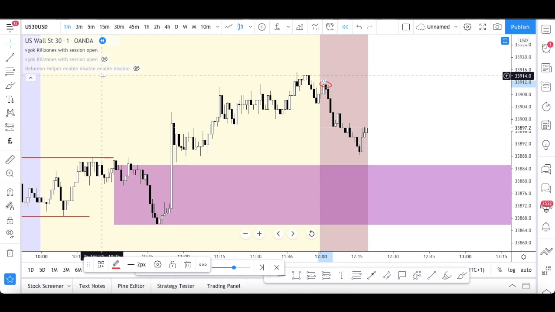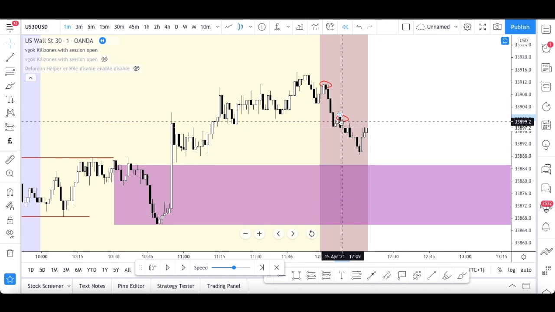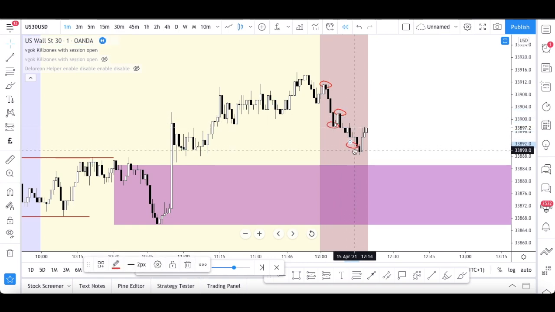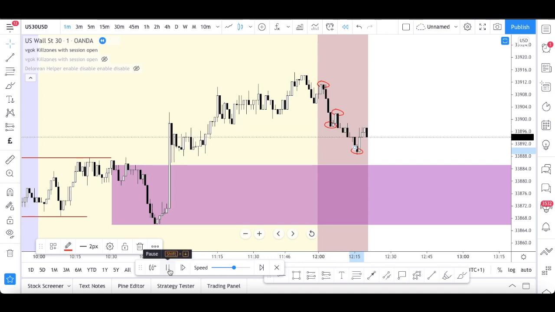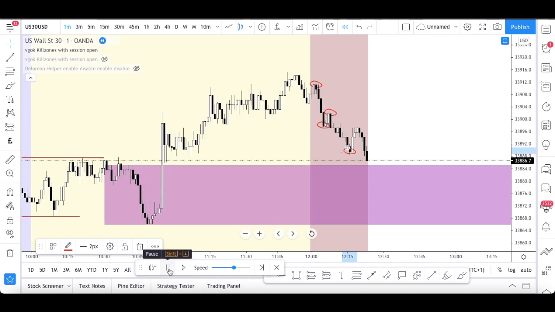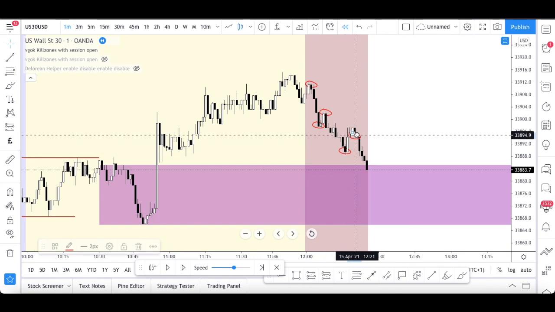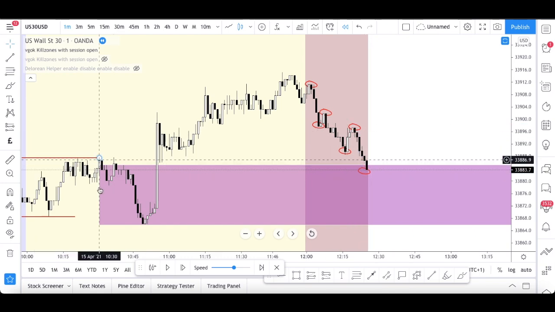So we have the high right there, followed by a low, we have a lower high, another lower high, followed by another lower low, and as price goes on, we can see it enter the demand zone there, and the creation of a further lower high here, and then another lower low into our demand zone there.